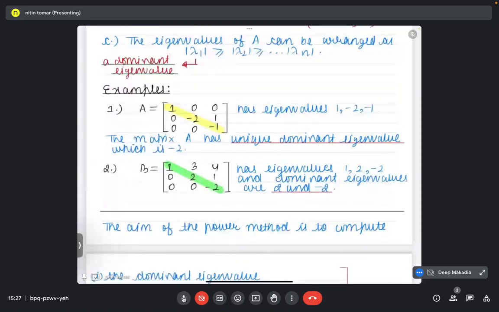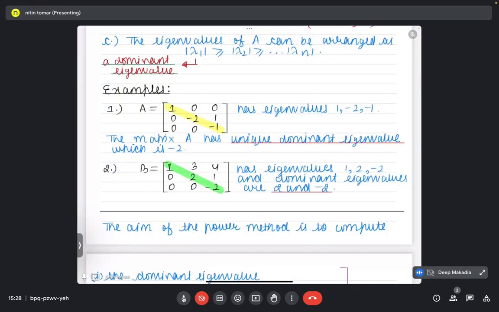See, the eigenvalues of A can be arranged in this manner, right? And this is precisely a dominant eigenvalue. See, nowhere in the definition are we claiming the dominant eigenvalue. We are always saying a dominant eigenvalue. Okay.